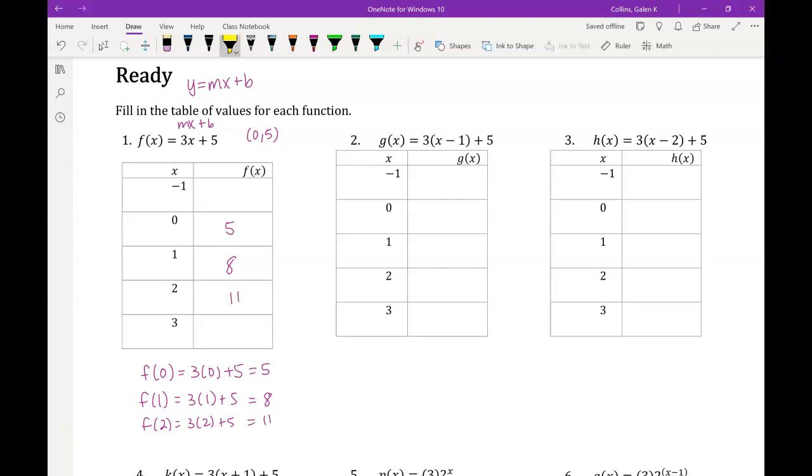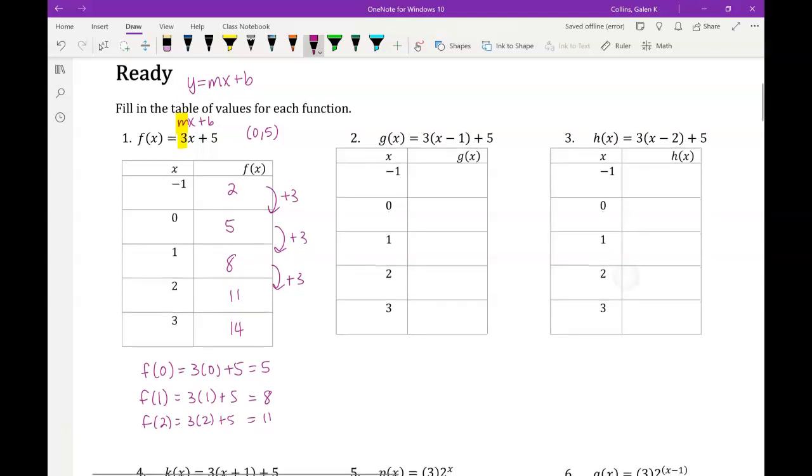Or, again, I could recognize that this 3 is my slope, which is my constant rate of change, which tells me what I need to add by to fill out the table. So since 11 plus 3 is 14, and since 2 plus 3 is 5, I could also find missing values that way.